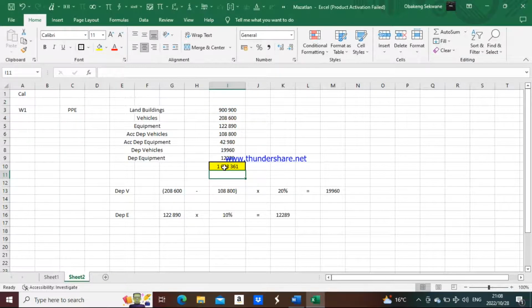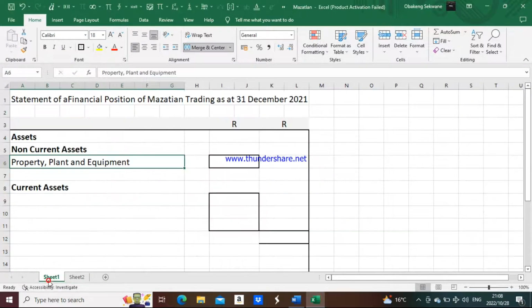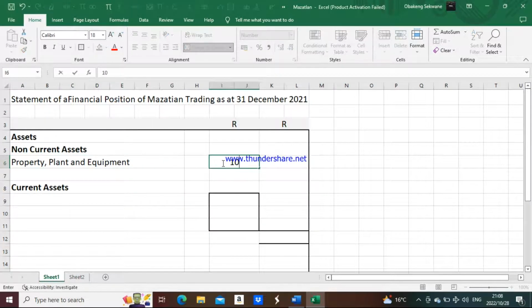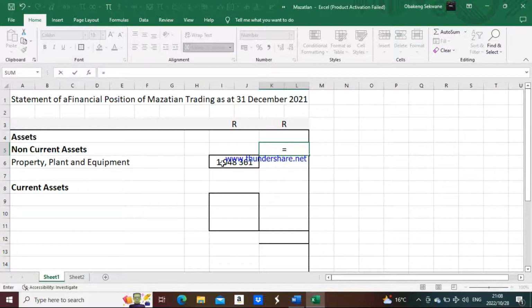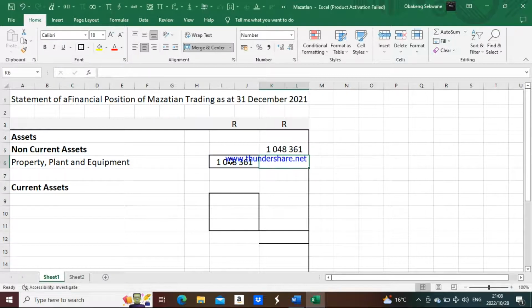That gives us 1,048,361, and our non-current assets amount to 1,048,361.